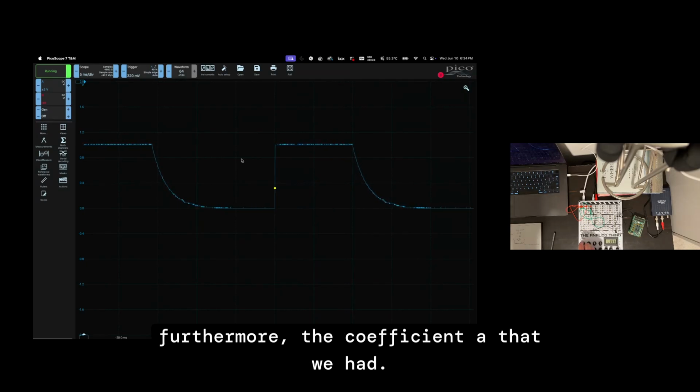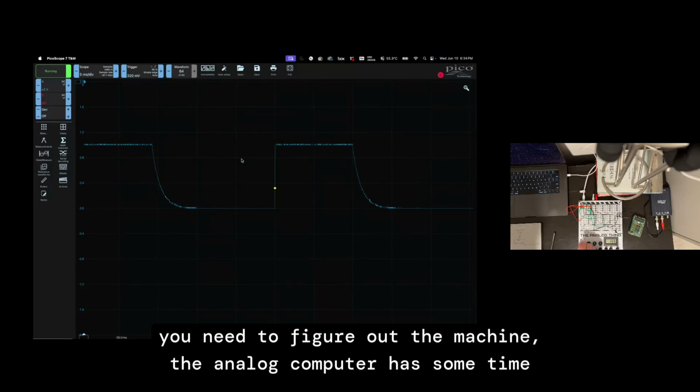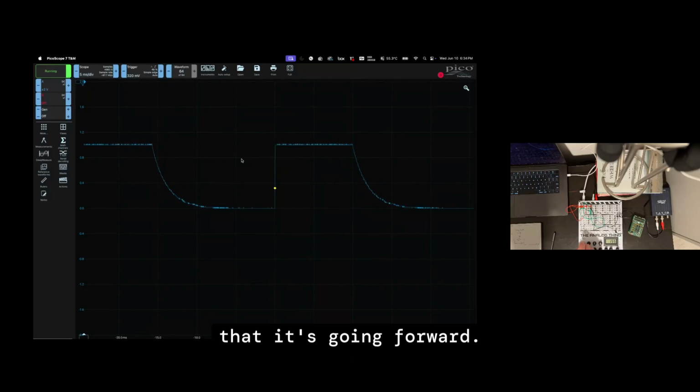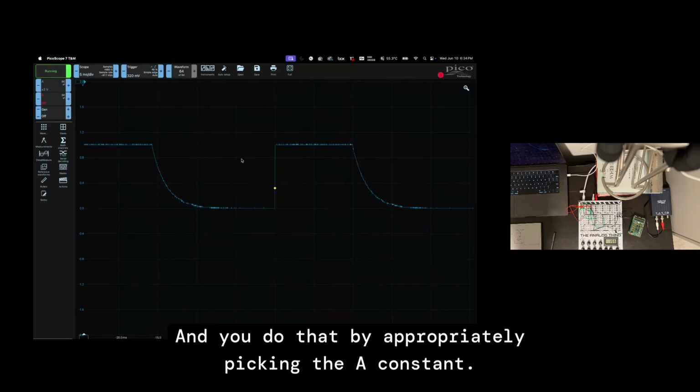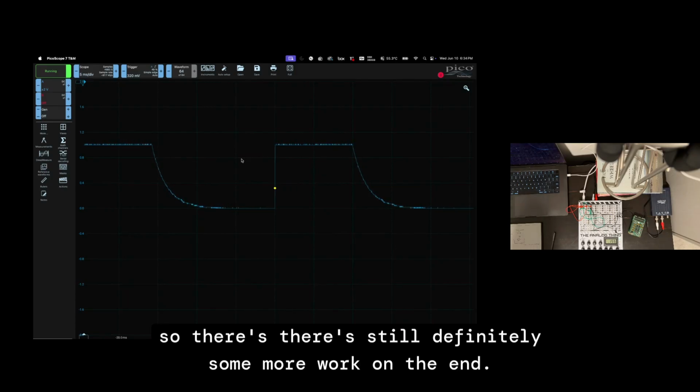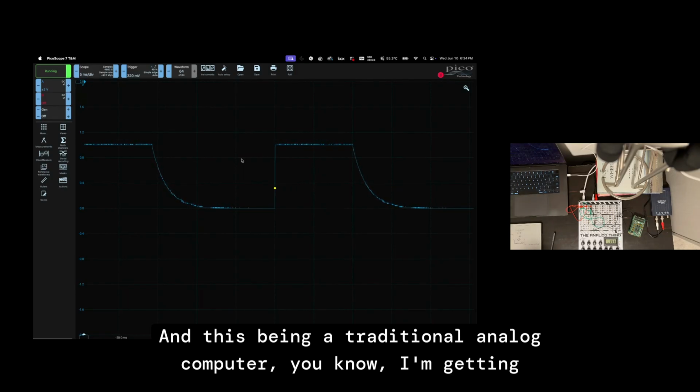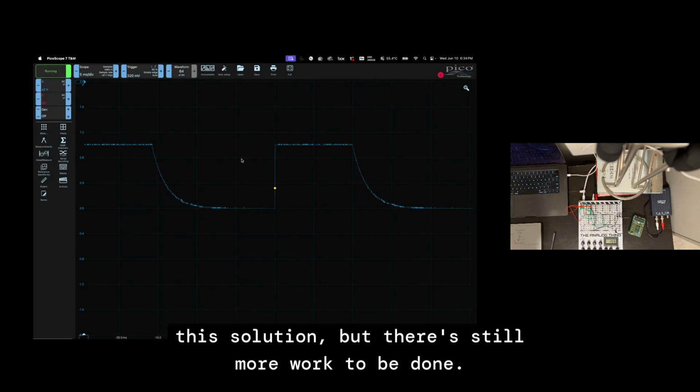Furthermore, for the coefficient A that we had, the analog computer has some time that it's going forward, but you need to also scale what that time represents. And you do that by appropriately picking the A constant. So there's still definitely some more work on the end. And this being a traditional analog computer, I'm getting this solution, but there's still more work to be done.